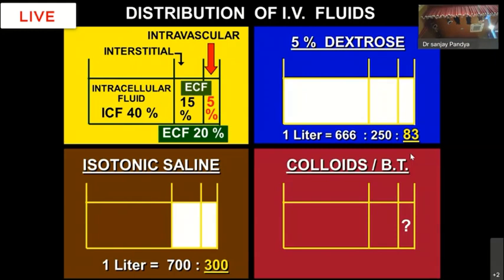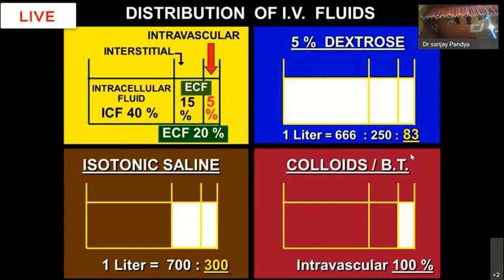But in the operation theater, whenever a patient develops severe hypovolemia and we don't have any way out, that's the time we use colloid or blood products because they remain entirely in the intravascular compartment. Not only that, a concentrated hypertonic solution like 25% albumin will shift fluid from other compartments to the intravascular compartment and will increase the volume even greater than what is infused, and therefore is most effective.